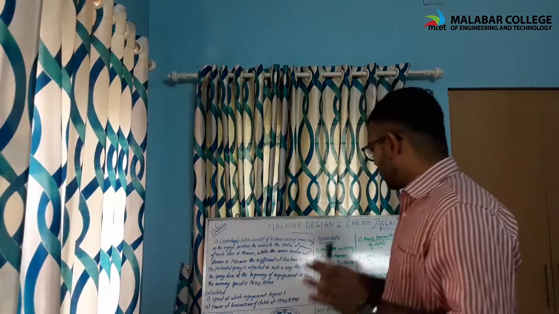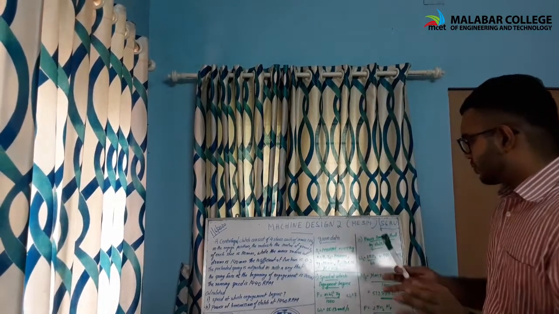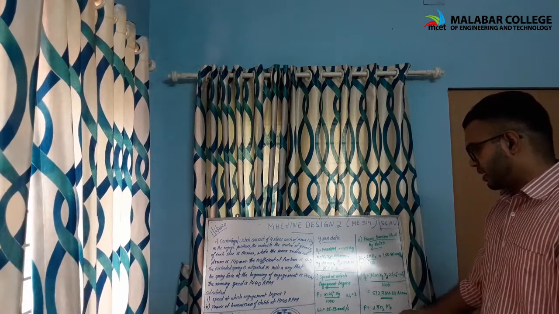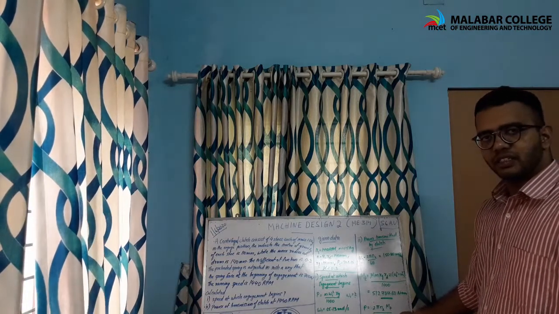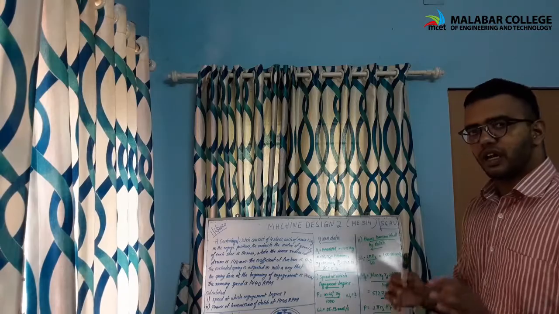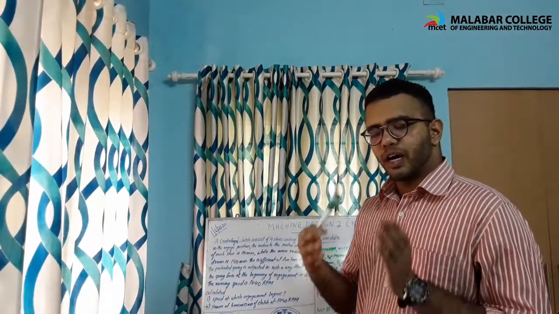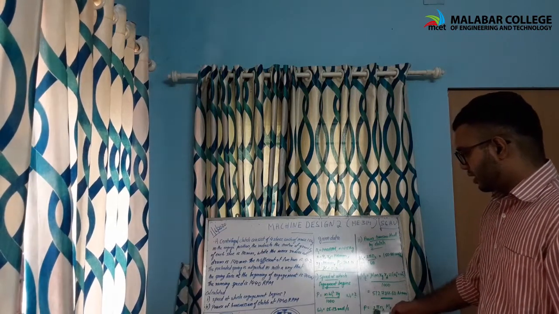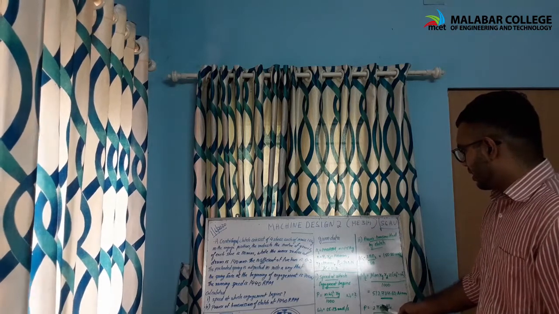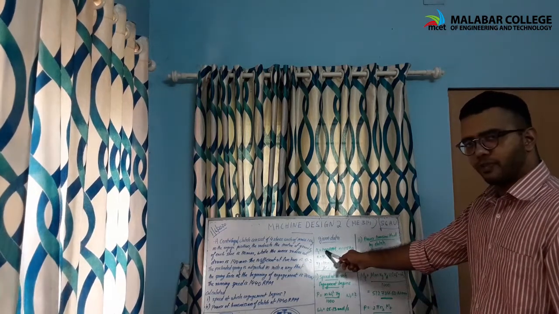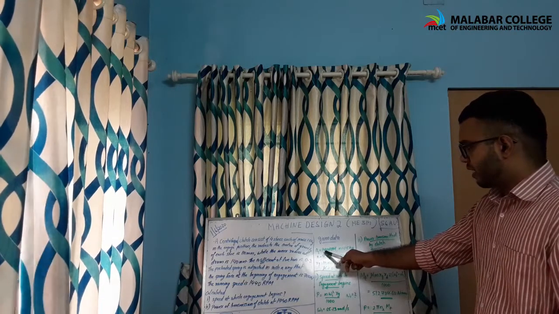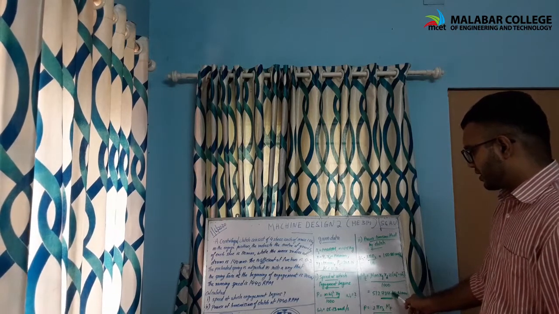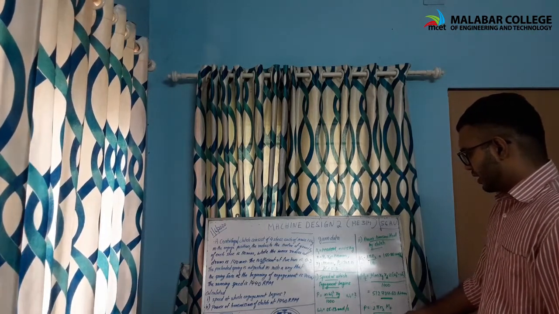After finding Mt we need to find the power. That's why we found Mt. The power equation is P is equal to 2 pi n2 Mt by 60 into 10 raised to 6. We use 10 raised to 6 because we need to convert Newton mm power to kilowatt. n2 is 1440 rpm, and Mt we found is 512,784.60.